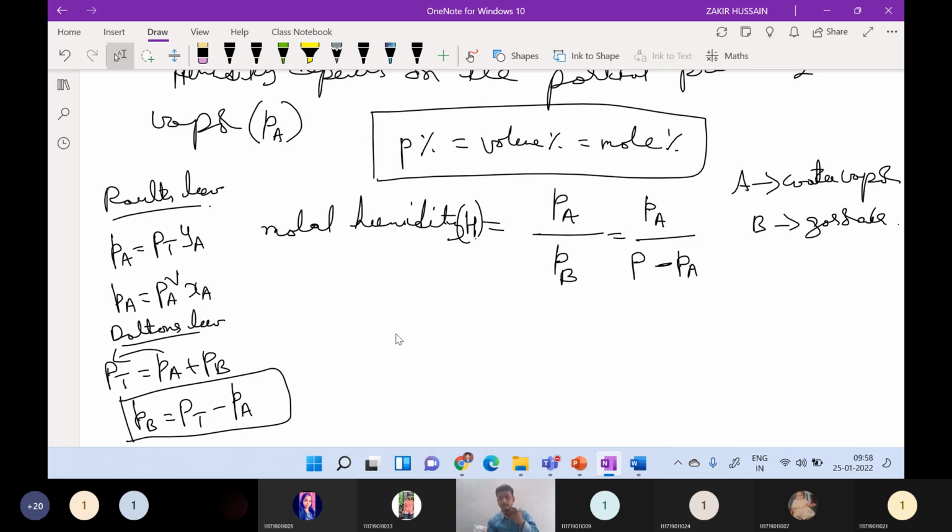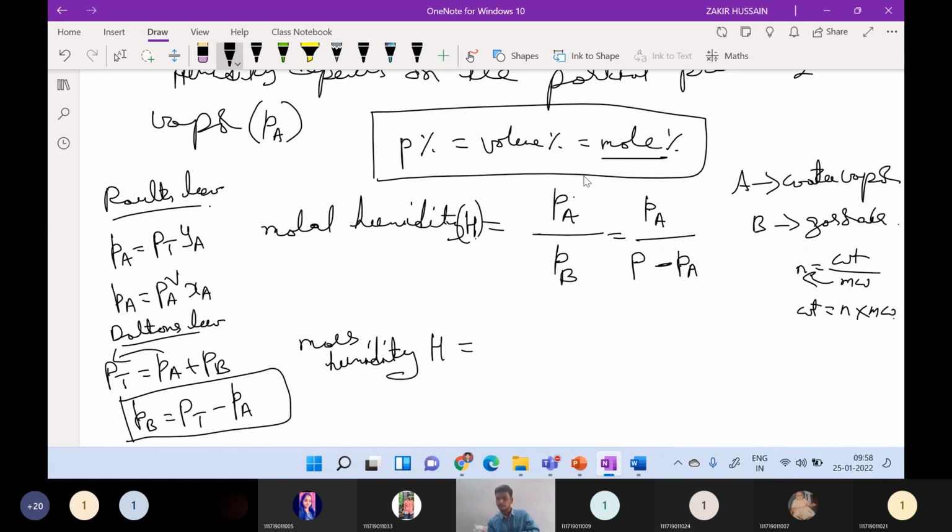If you want mass humidity, the definition of humidity is kg of water vapor present per kg of vapor-free gas. Generally this mass humidity is called humidity. So H is equal to, since pressure percentage equals mole percentage, and moles equal weight by molecular weight, so weight is moles into molecular weight. Here partial pressure is nothing but moles, so we multiply by molecular weight.